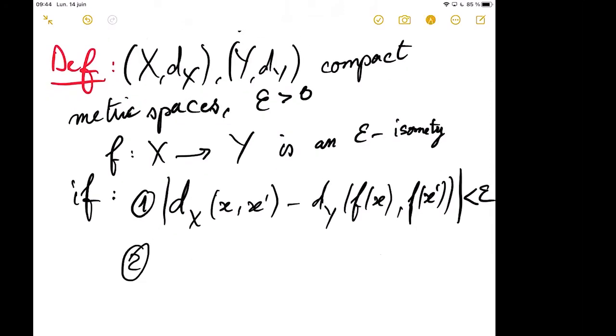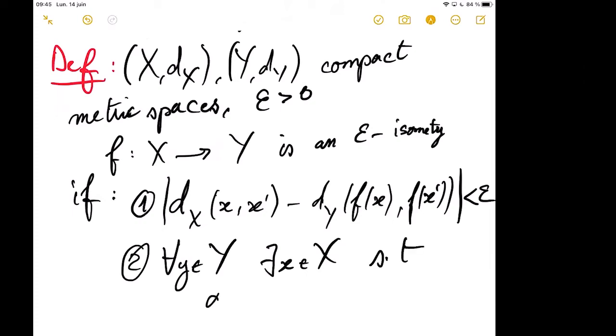And then you need some kind of surjectivity of your map. So you ask that up to epsilon, f is going everywhere in Y. For any y in Y, there exists some x in X such that the distance between y and f(x) is at most epsilon.